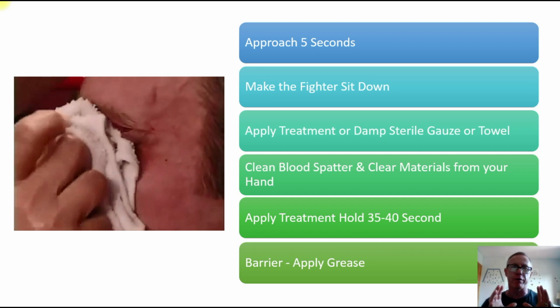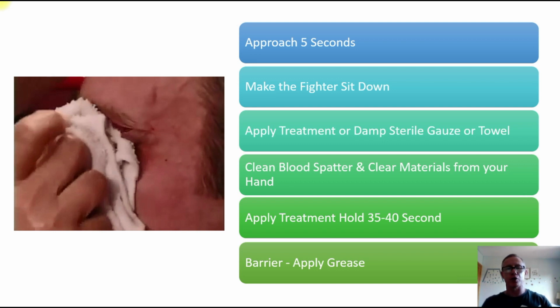Okay, like I said to you, if all you've got is a damp piece of sterile gauze and you place that over the actual laceration itself and you use compression and hold that compression for 35-40 seconds, I'm telling you, it's one of the best treatments that you can do in terms of the benefits of compression, and then the clot being damp, it doesn't pull the clot off when you take it away.